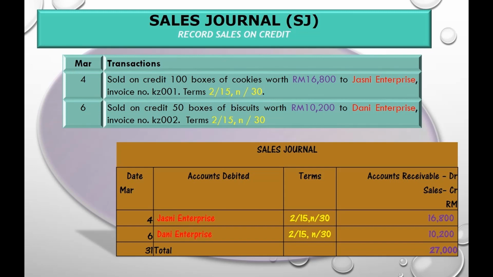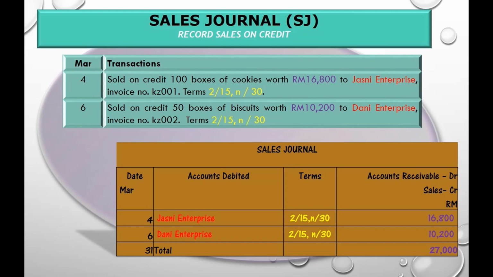All answers are highlighted with different colors. For example, on March 4th, step one, write the date, then fill the account debited column with Jasny Enterprise. We need to use the customer name because this is a credit transaction. After that, fill the terms column.